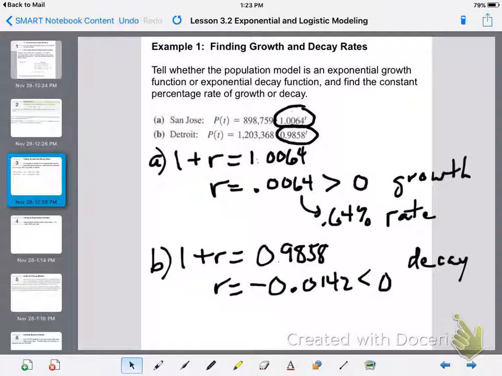Now that r, the decay rate, is 1.42% decay rate. So in part A, we're growing at a 0.64% rate, and in part B, we're decaying at a 1.42% rate. When you find those rates, guys, make sure that you clearly state whether it's a growth rate or a decay rate.